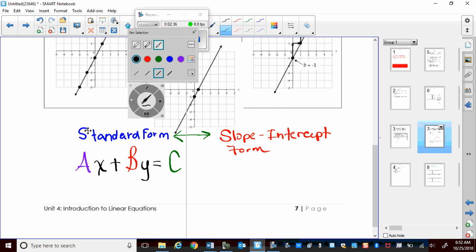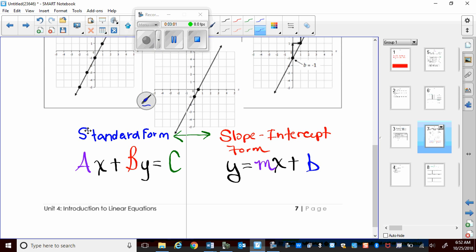Now slope intercept form says that all y values equal the slope m times x plus the y-intercept b. Okay? So we're going to get to a point where we're able to navigate back and forth between these two equations, as well as identify certain things regarding these equations.